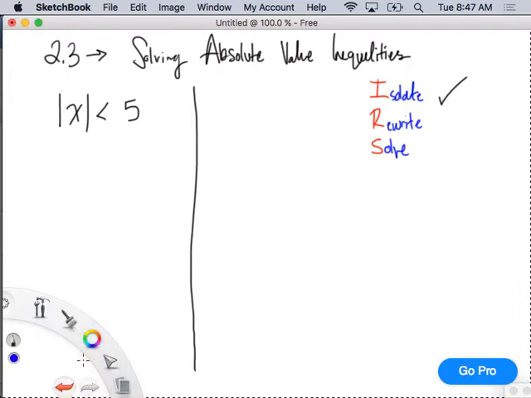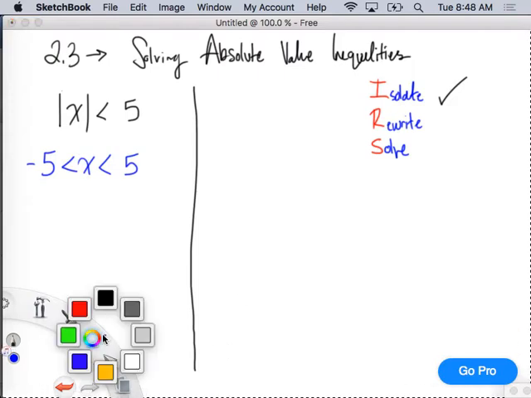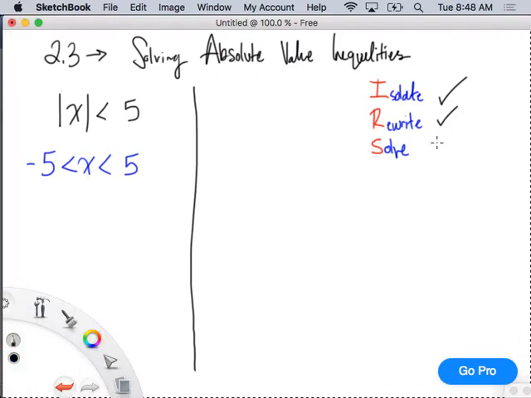It's less than, so it's and. Less than 5, and you take this inequality here, you move it over, and you take this number 5, you move it over, and make it negative, and you're done. So that was the rewrite process, and since x was just by itself, you already solved it as well.